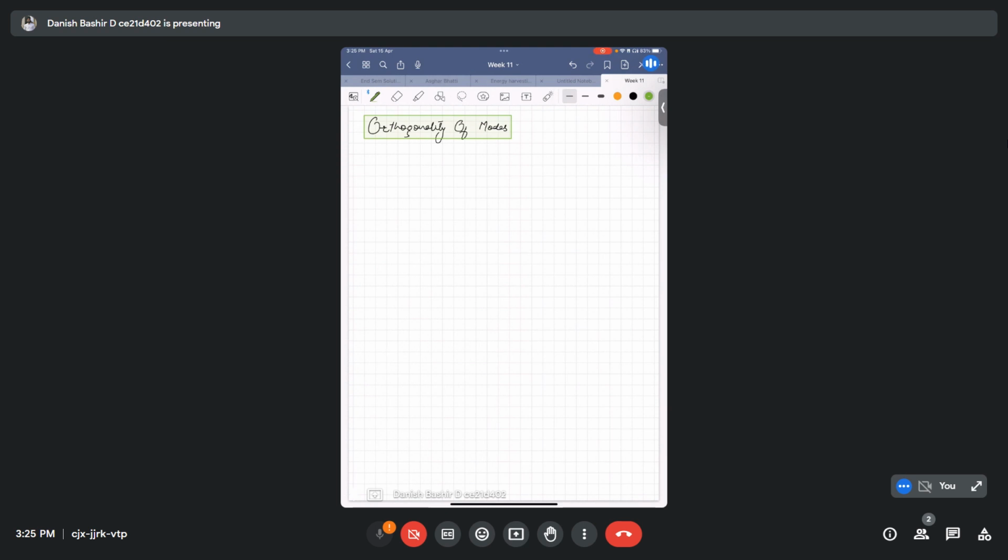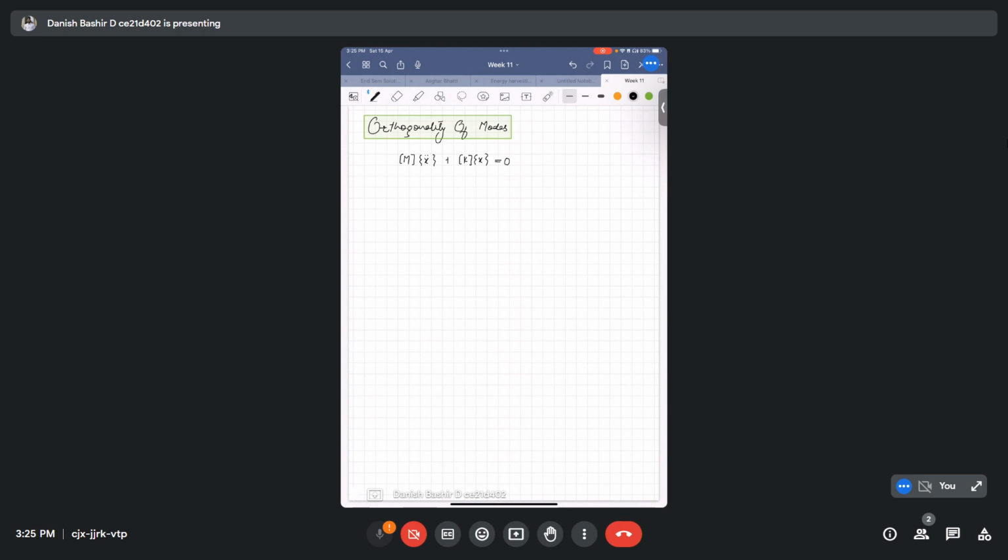So I already told you that, for example, if we have a multi-degree of freedom system, we define it as m x double dot plus k x is equal to 0. We are considering only free vibrations here.